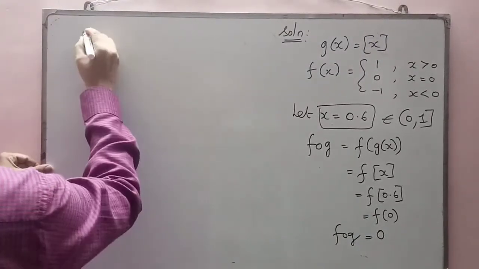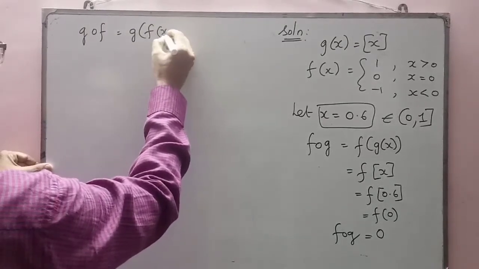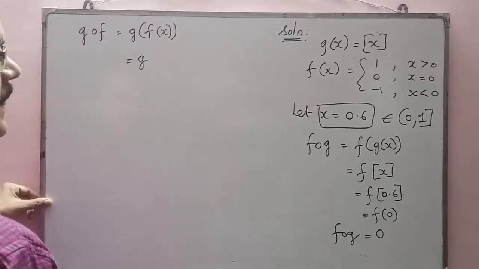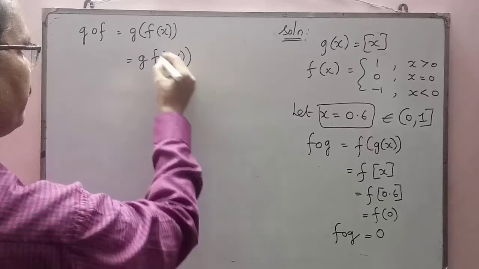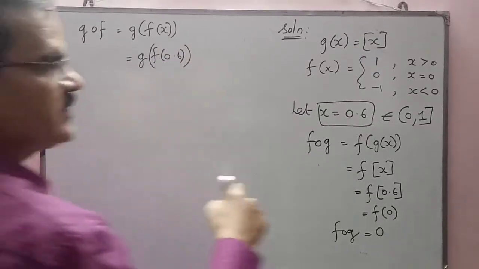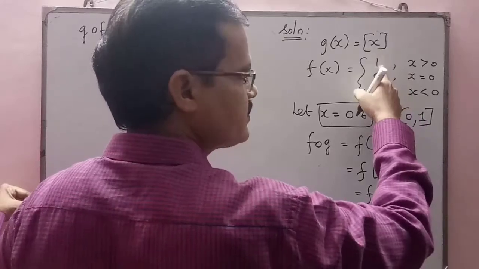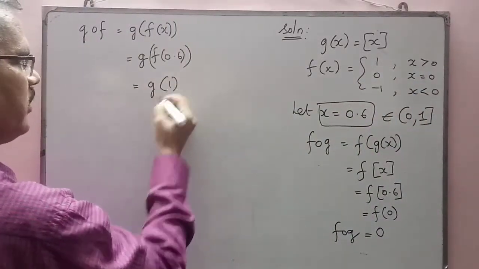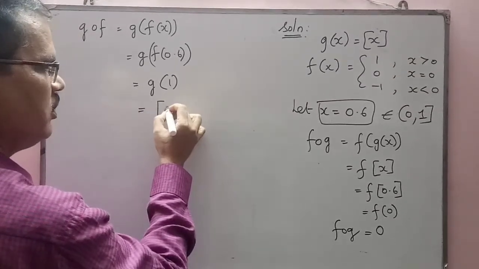Now g of f. What is g of f? G of f of x. What is the value of f of 0.6? 0.6 is greater than 0. If x is greater than 0, what will be your f of x value? It will always be 1. So you are trying to find g of 1. What is the g of x function? It is the greatest integer of 1.